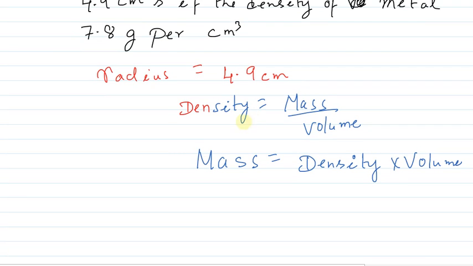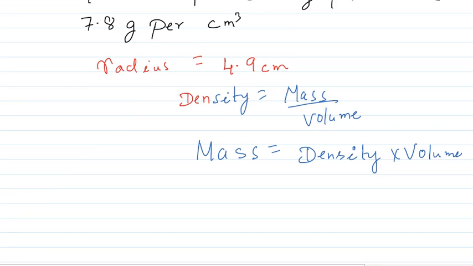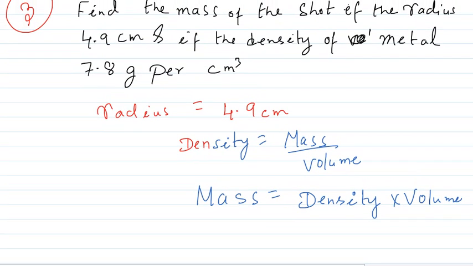All right. So radius given, we have to find what? Mass. So mass is equal to density into volume. Are you getting what I am telling you? Hello? Sound is coming?